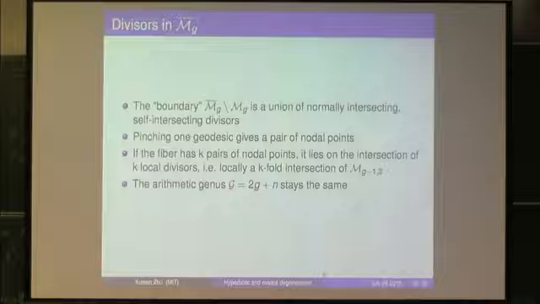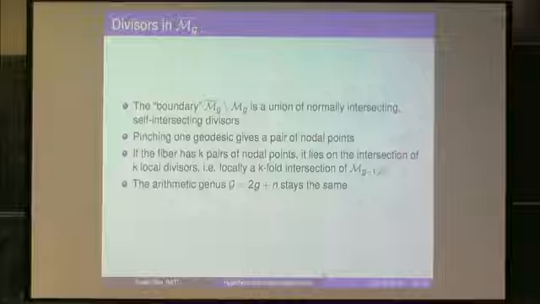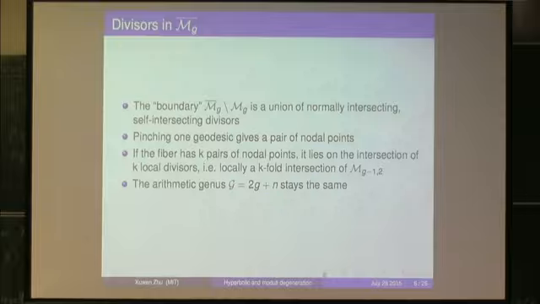And for each singular behavior, it corresponds to pinching one geodesic, and that gives a pair of nodal points. And if we have a higher genus curve and we're pinching several geodesics, say we pinch k geodesics, this will introduce k pairs of nodal points.